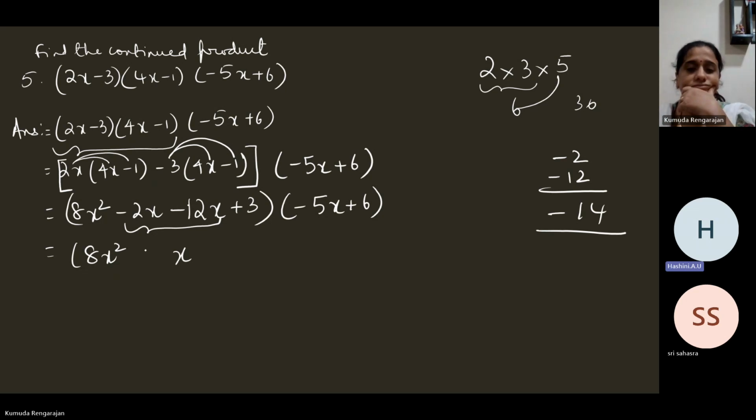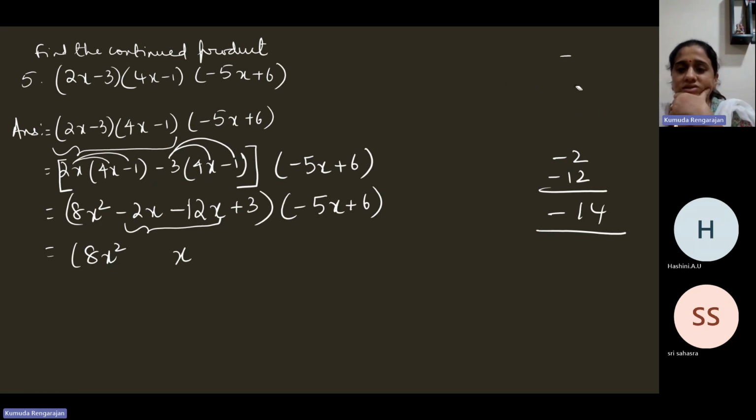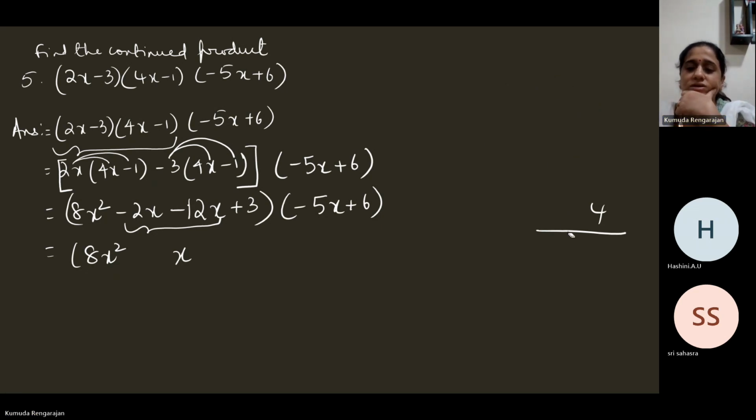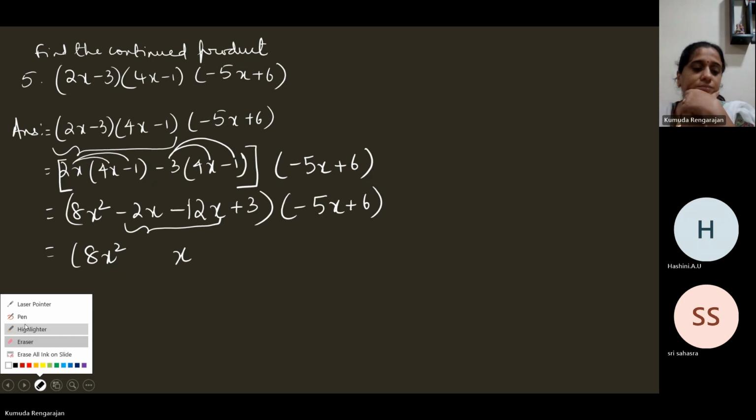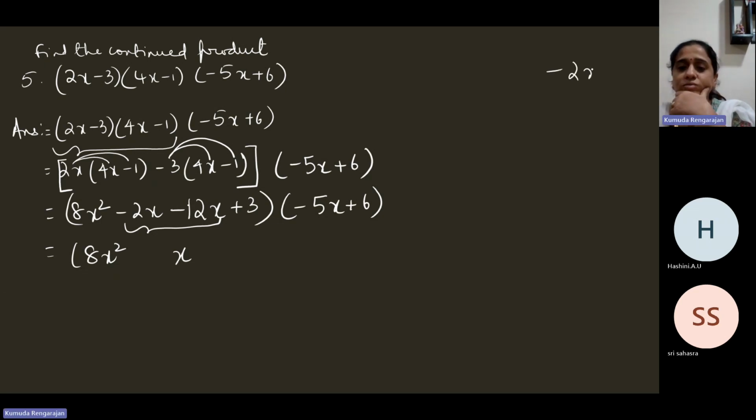Minus 10x square. No. See, minus 2x and minus 12x, it's not multiplication. Minus 2x minus 12x. They're like terms. x, x, x as it is. Minus 2 minus 12. Same signs, add and put the same sign. That's what I told you.